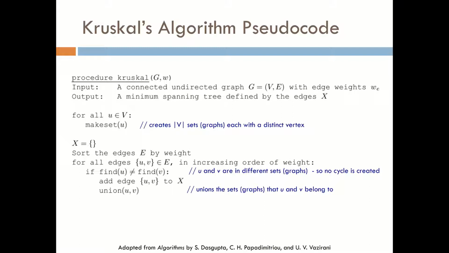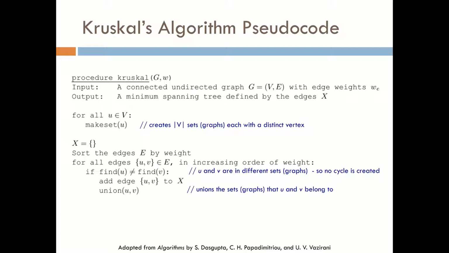So we start with a set number of sets, each having a single vertex, and we place all the edges by weight into a priority queue, a min queue, and we remove the edges one at a time.